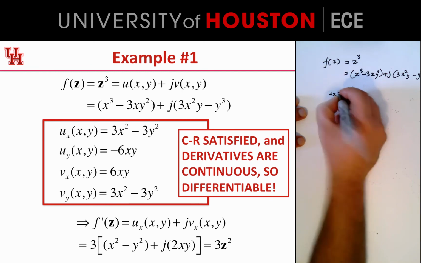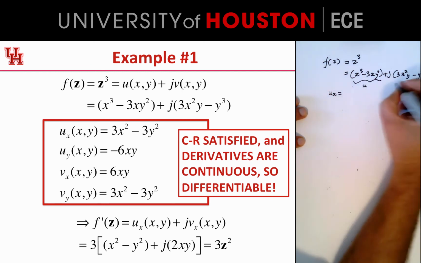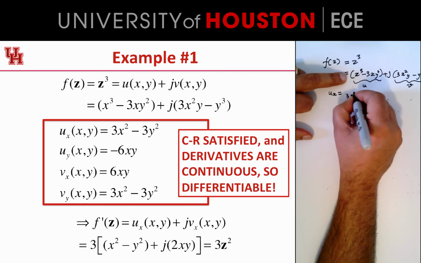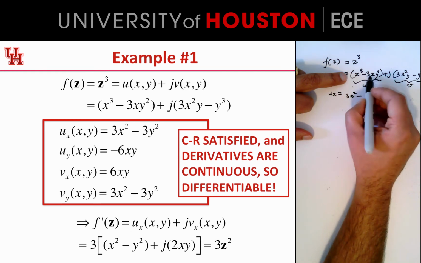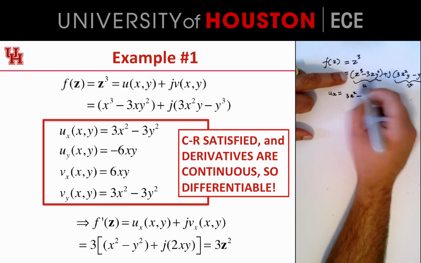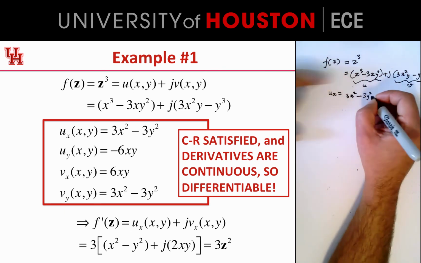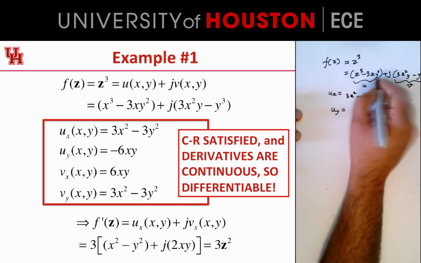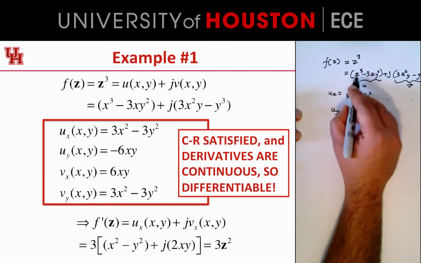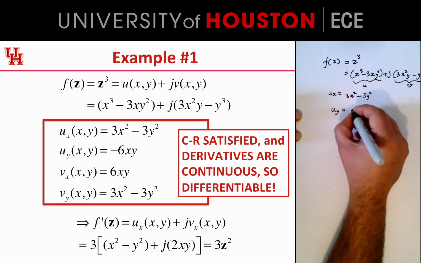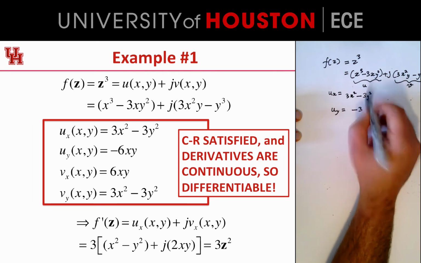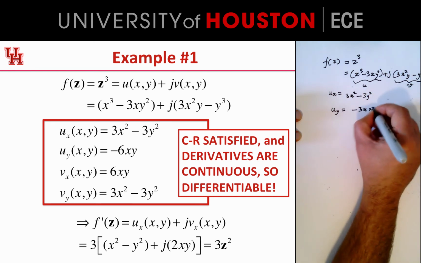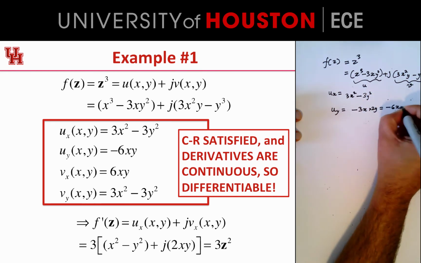So this is u, this is v. So ux is 3x squared, minus, you're going to differentiate this with respect to x, so minus 3y squared. And uy is the same guy differentiated with respect to y. If I differentiate this, I get 0, then I have minus 3, I have x, then I have y squared, so that'll be 2y, so this is minus 6xy.